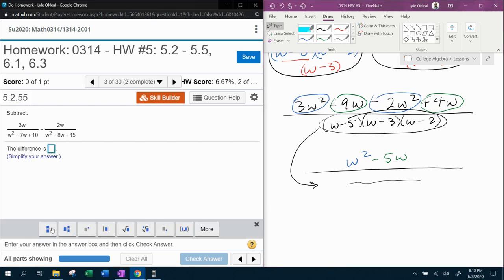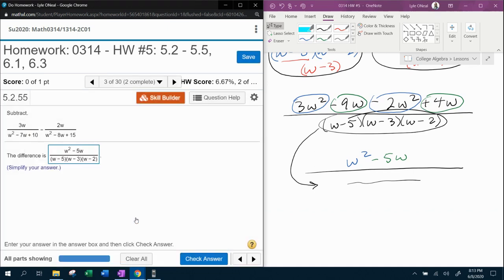Now, let's see if we're right, okay? We're going to have W squared minus 5W all over, parentheses, W minus 5, W minus 3, and W minus 2. And fingers crossed.